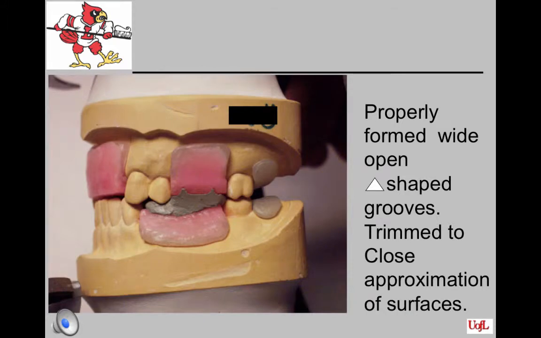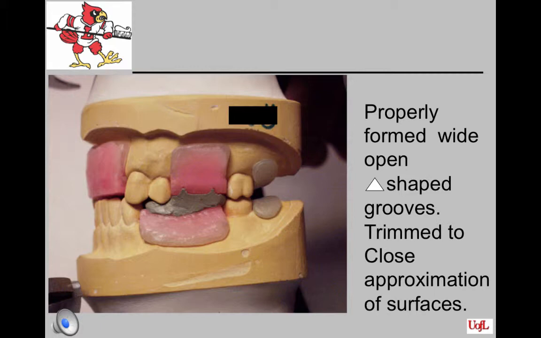Here is a properly done set of occlusion rims after they have been placed back on the articulator and adjusted. Notice the V-shaped grooves that are a little bit wide open. They're probably about 3 millimeters in depth. Note how the compound comes right out to the edge of the occlusion rim and goes really deep into those V-shaped grooves.